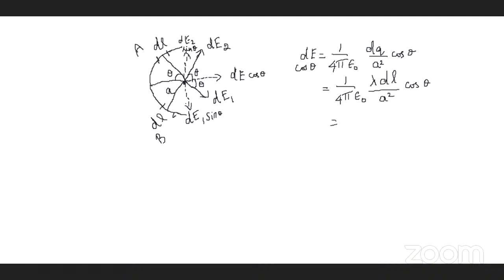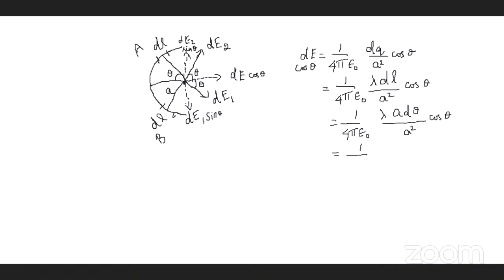This dl is actually an arc length, and it can be found by dl equal to a into d theta, radius into d theta. So this is 1 by 4 pi epsilon 0 into lambda into a d theta divided by a squared cos theta.